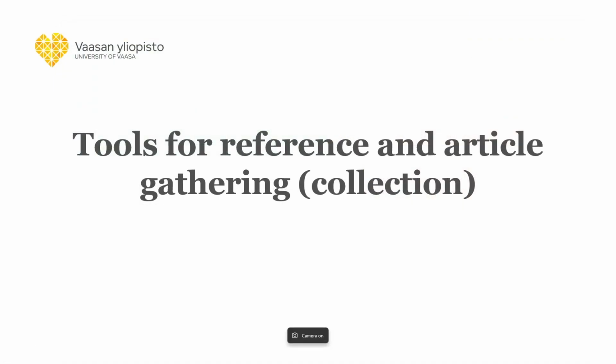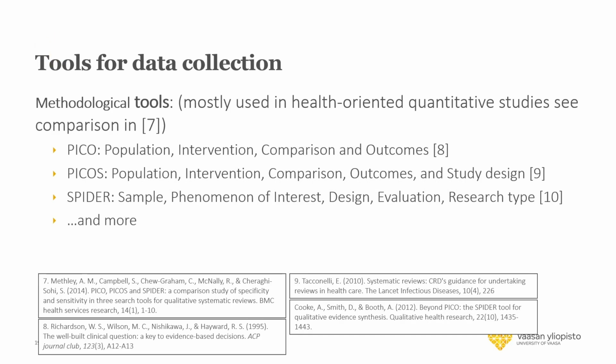So let me go to the first step, the data collection. Before starting to gather data, it's usually necessary to use methodological processes, so a tool for how to create the search. That is the main idea here.